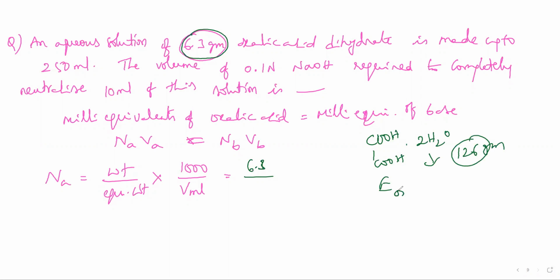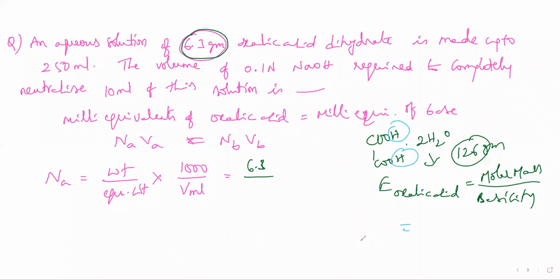Then equivalent weight of oxalic acid, what is formula? Molar mass by basicity. What is basicity? Number of replaceable hydrogens. In this case, how many replaceable hydrogens are there? This is 1, this is 2. What is that molar mass? 126 already we got.